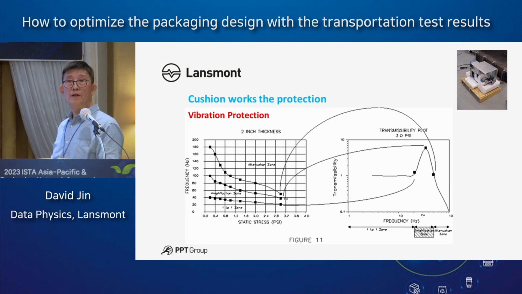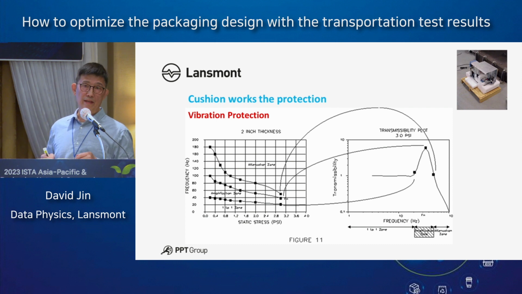So you remember, our test was 0.54G RMS, but it is RMS. So the peak G is at least 2.5 to 3 times of the level. So if this is 3 times, it's going to be 1.5G. So check your product range and see if your product can bear 1.5G peak.